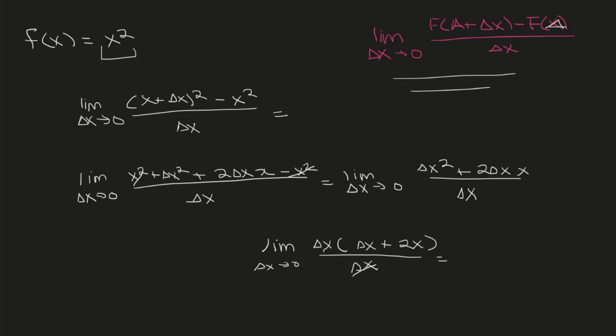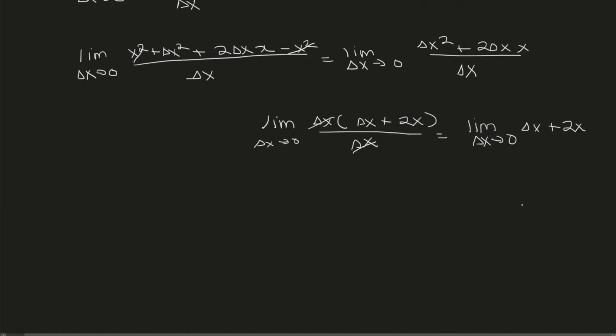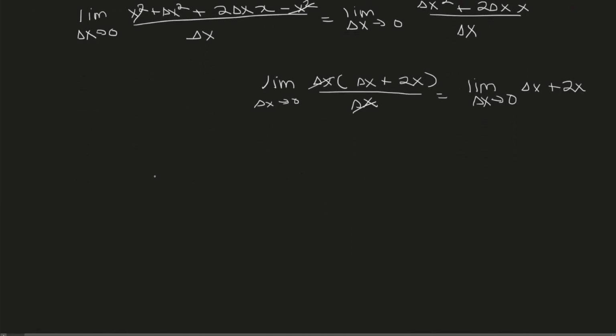So these two delta x's cancel out, leaving us with a pretty simple equation for our final limit. So the limit as delta x approaches 0 of delta x plus 2x. Now we can begin evaluating the limit.